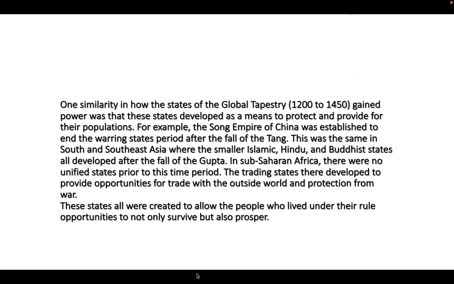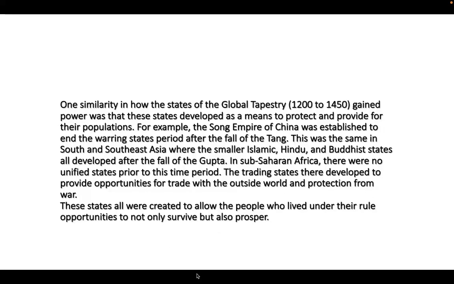So this is an example of a similarity ACE statement. One similarity in how states of the global tapestry gained power was that these states developed as a means to protect and provide their populations. For example, the Song Empire of China was established to end the Warring States period after the fall of the Tang. This was the same in South and Southeast Asia, where smaller Islamic, Hindu, and Buddhist states all developed after the fall of the Gupta.